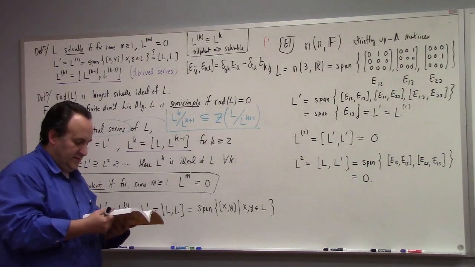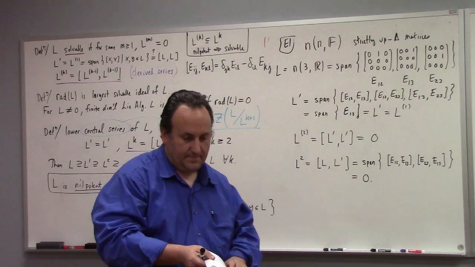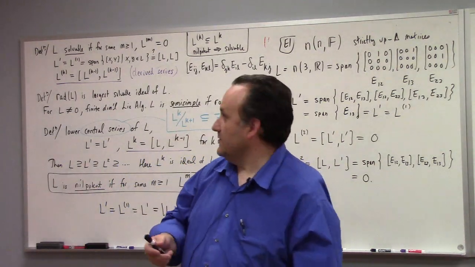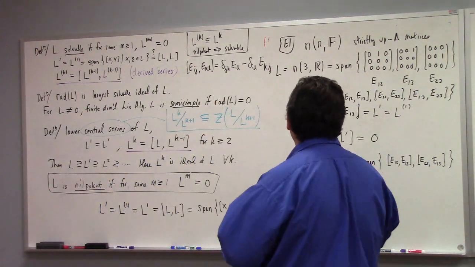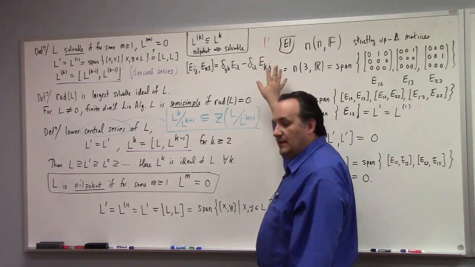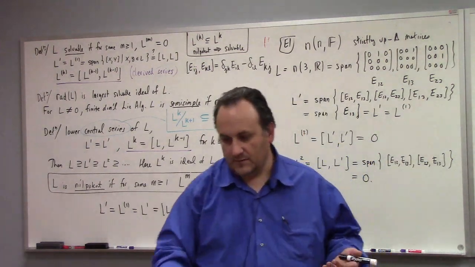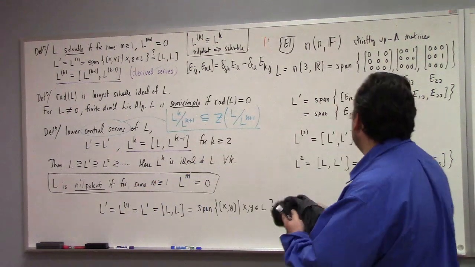Another is the two-dimensional non-abelian Lie algebra. Let's look at the n equals 2 case, because he says it's a counterexample even at n equals 2. That should be pretty easy to calculate. Let's try that.